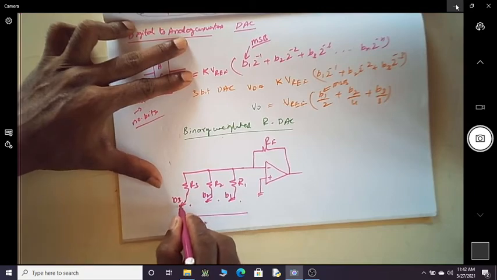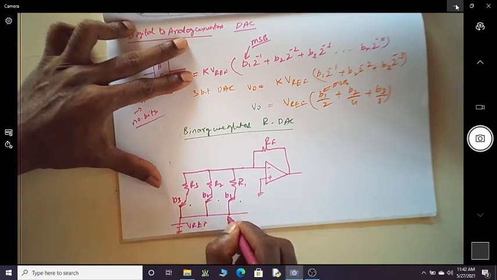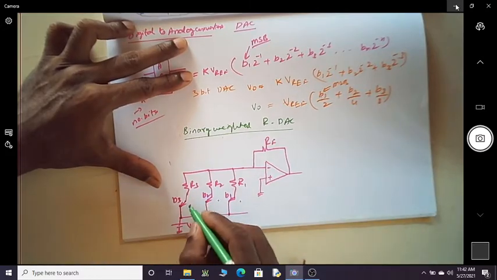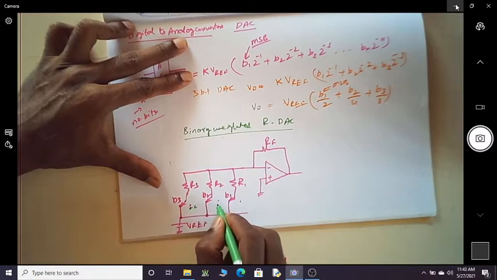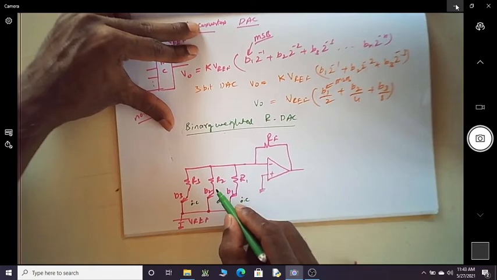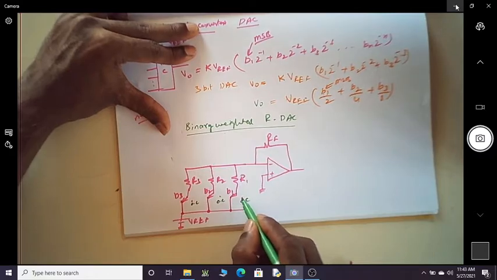So I will connect this to this, this to this, and this to this. Let us consider the other position as open circuit. Meaning when I switch V1 to this position, it will be connected to V reference. If I'm switching it here, it is open circuit.